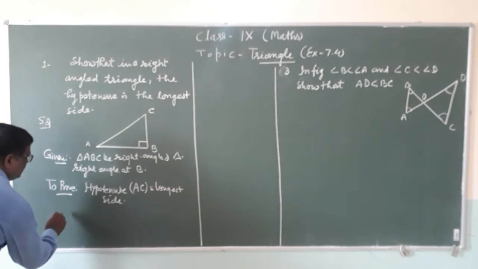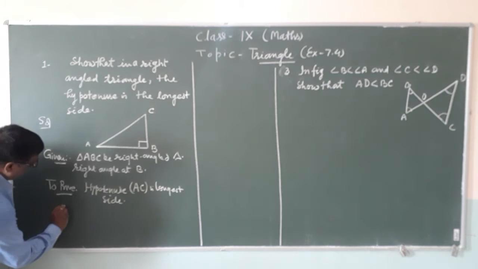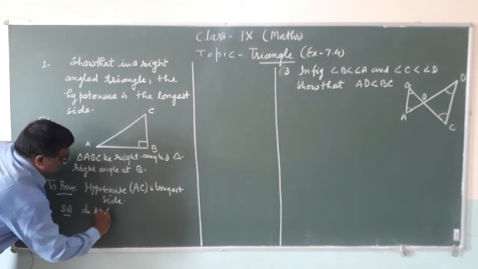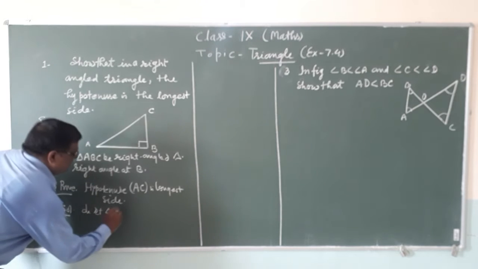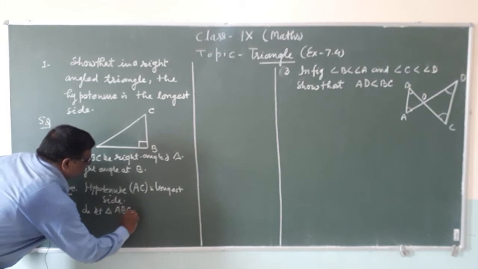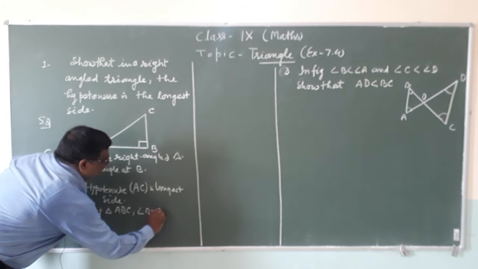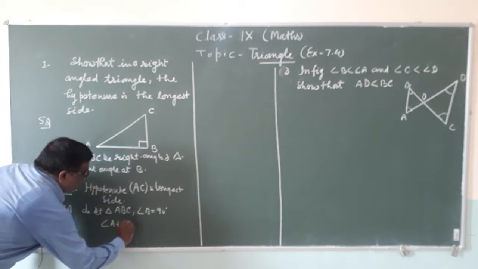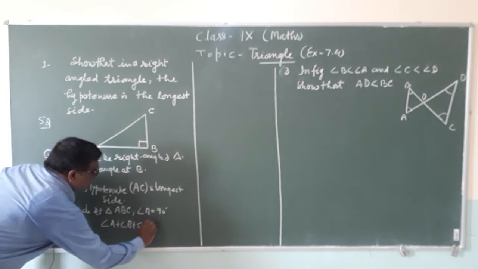Solution: in right triangle ABC, angle B is equal to 90 degrees, and the sum of the angles of a triangle is 180 degrees.